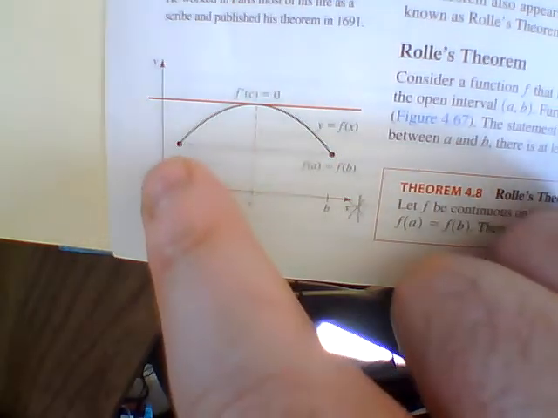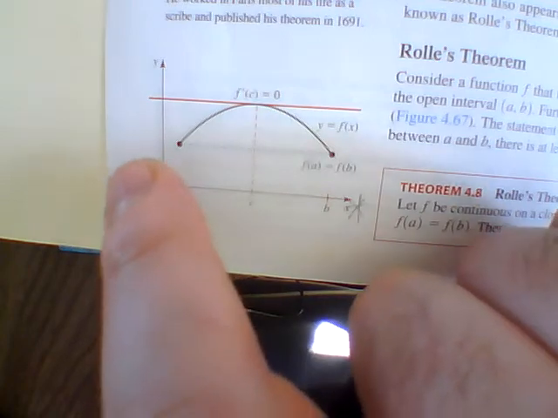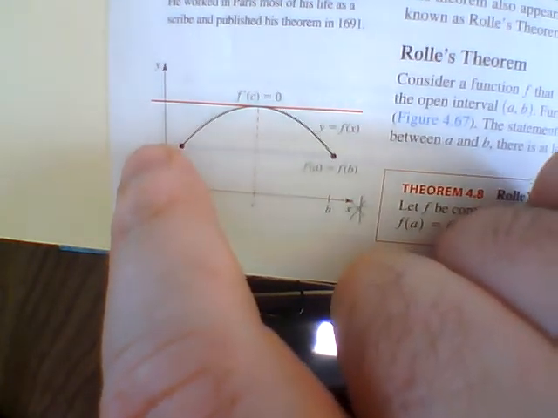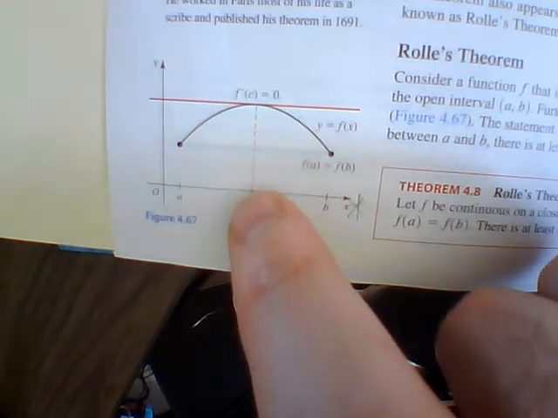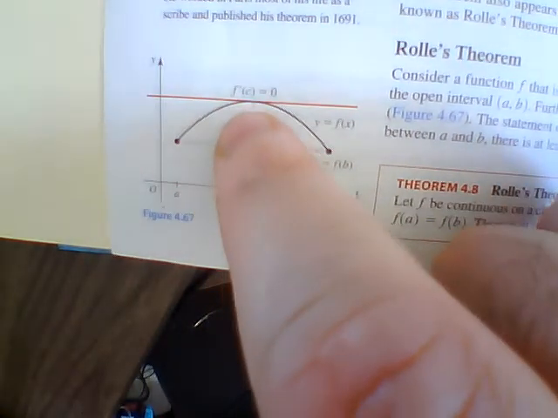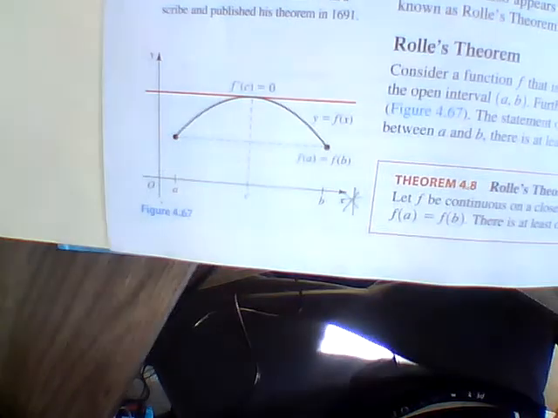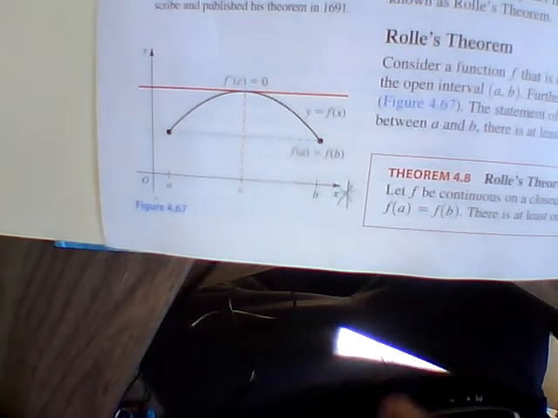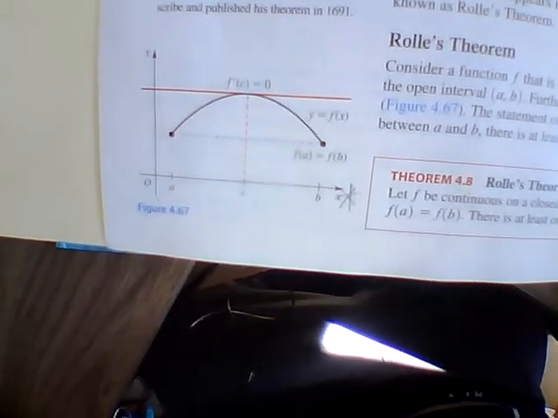Our endpoints hold the same y value, so f of a equals f of b. One point in the middle, c, is going to have derivative 0. Once again, we are going to have some sort of local maximum or local minimum. On the next pages, they have a couple of proofs that go with it, so if you want to look through those proofs, they show you why this works.